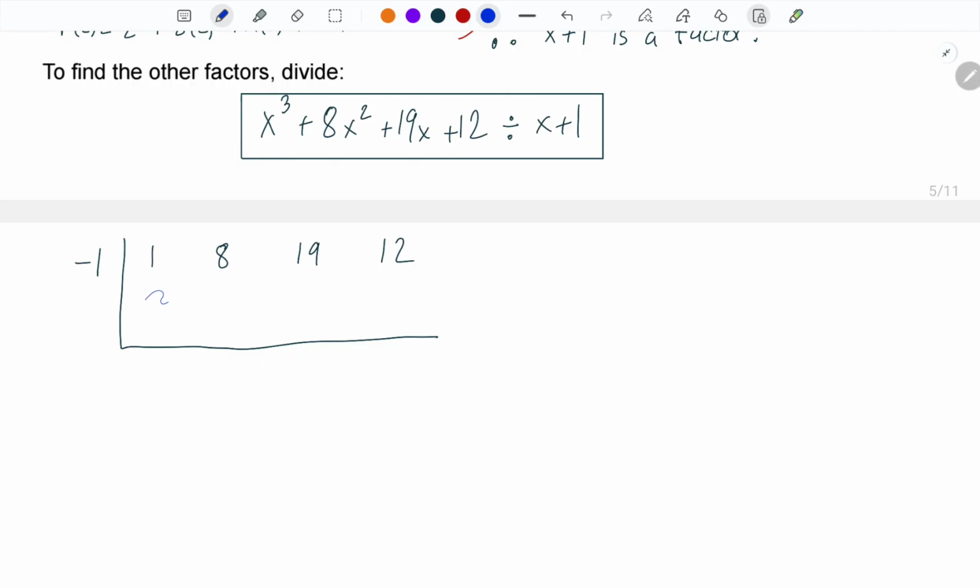And then we start our synthetic division. We drop down the first number, that becomes 1. Then we multiply negative 1 and 1, which gives us negative 1. The second number is positive 7. And we continue. 7 times negative 1 is negative 7. 19 minus 7 is 12.